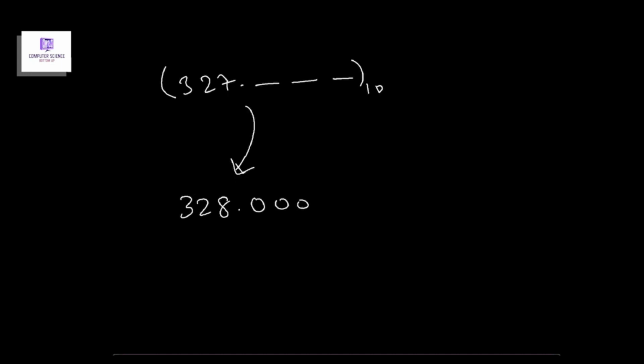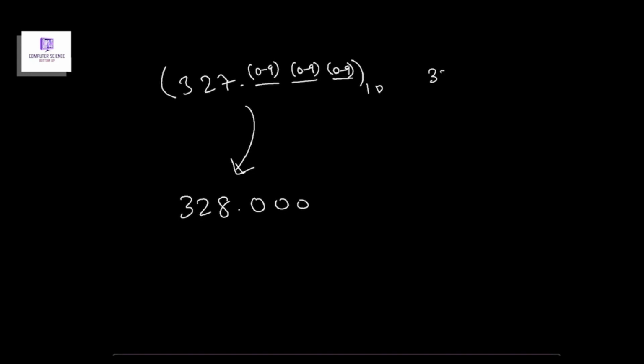If you have 327 dot, and there are 3 positions after this, 3 digits in the fractional part, then how will you get from 327 to 328? You will get 328.000 after filling 1000 numbers. This can take 0 to 9, this can take 0 to 9, this can take 0 to 9; each digit in the fractional portion can take any symbol from 0 to 9.